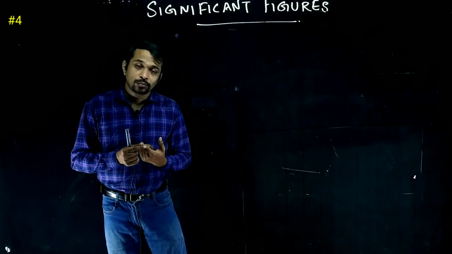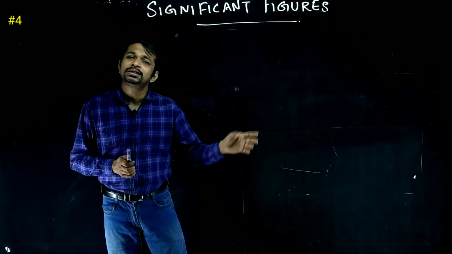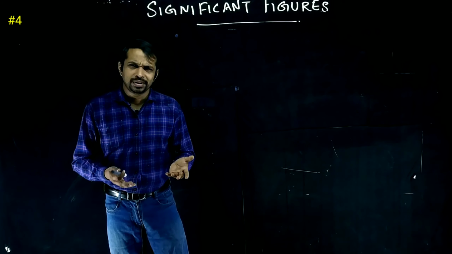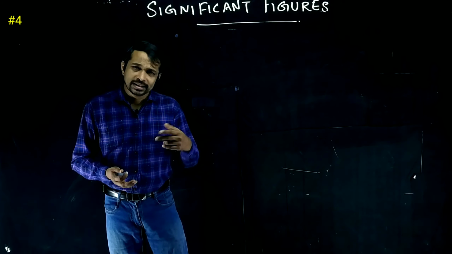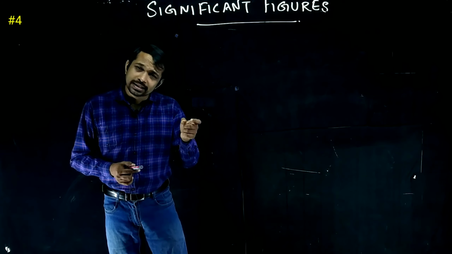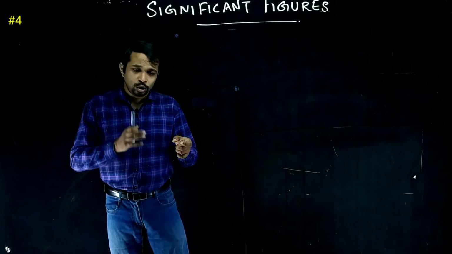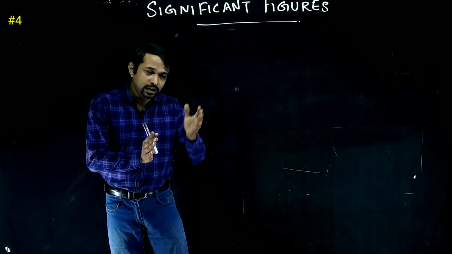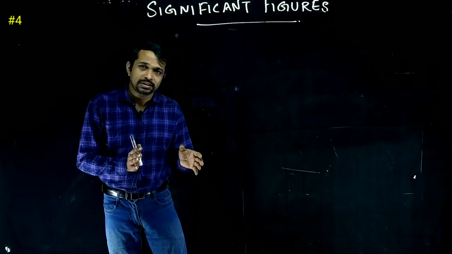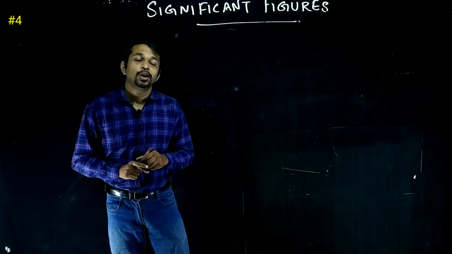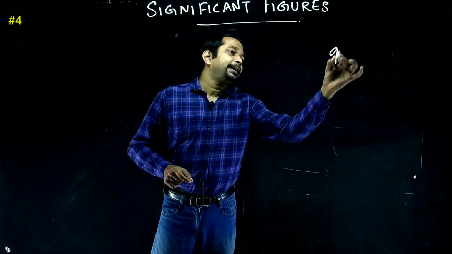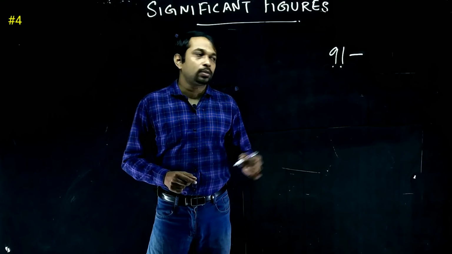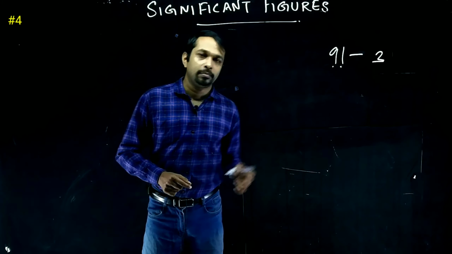What are they? The first one is all non-zero numbers are significant. Very simple, right? And the second one is all the zeros between two non-zero numbers, they are also significant. For example, if I take 91, both 9 and 1 are non-zeros, so there are two significant numbers.